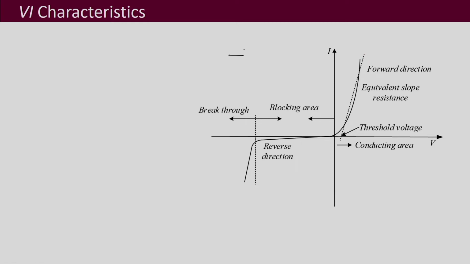If this is your diode, then the current through it is I, and the voltage across it is V. While it is forward biased, that means it is on, it has to exceed this threshold voltage for it to conduct, and then the current can simply increase, and it is actually limited by the external circuit.